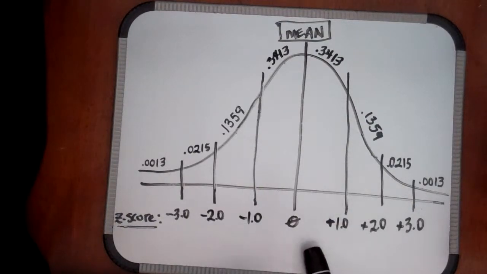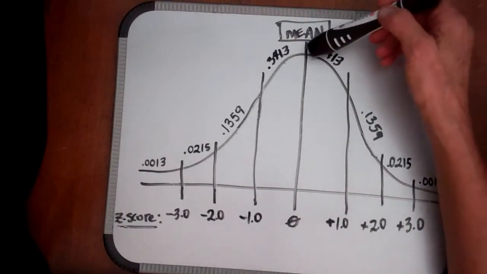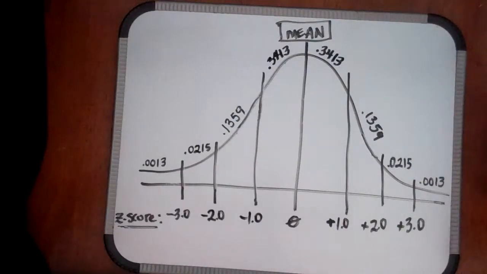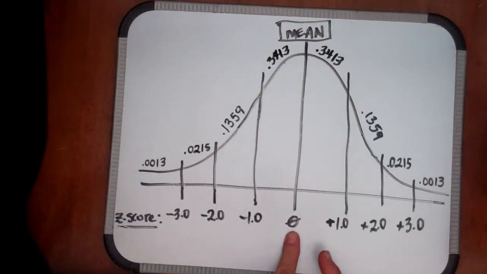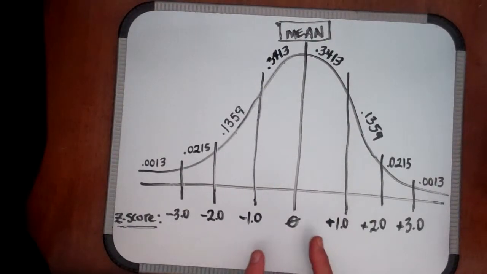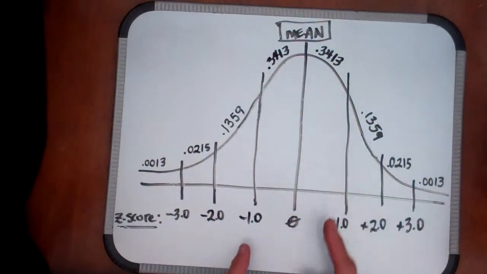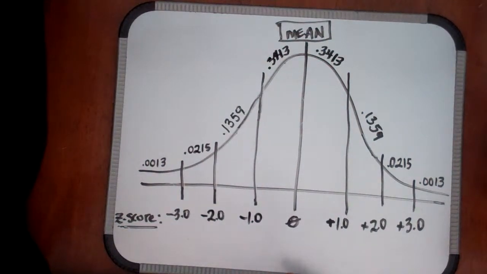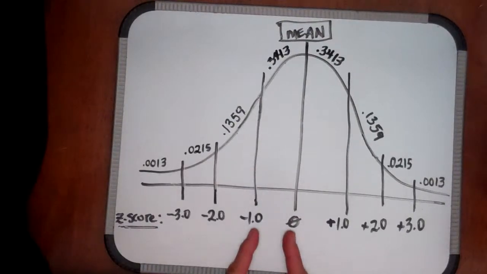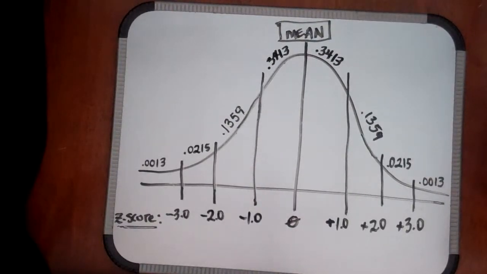Now notice that 0.3413 is the proportion associated with obtaining a score between 0 and 1.0 standard deviation above the mean. And 0.3413 is also the proportion associated with obtaining a score at the mean, or a z-score between the mean and a z-score of negative 1.0, right?